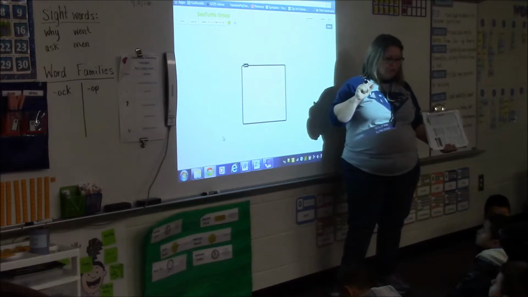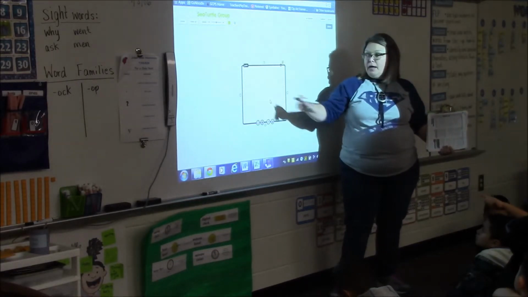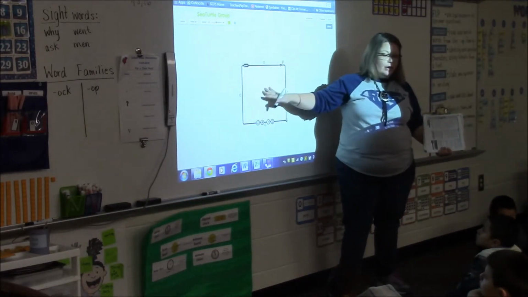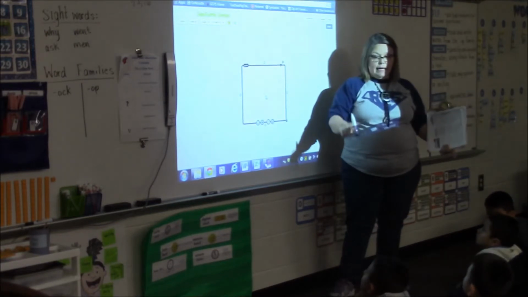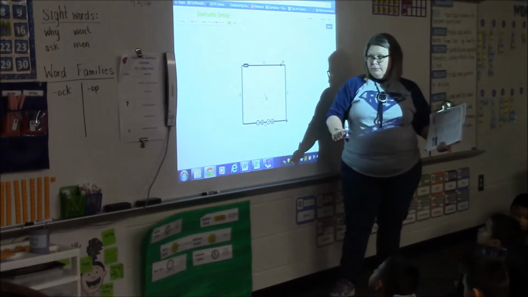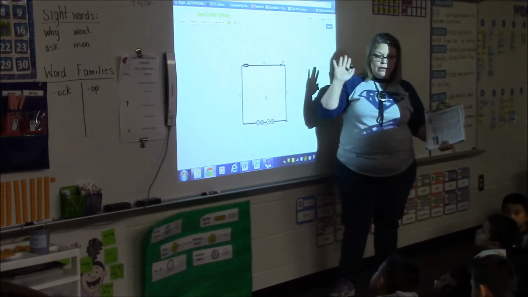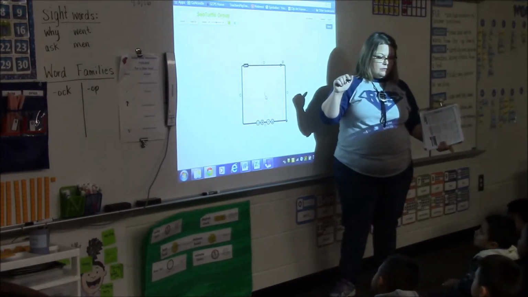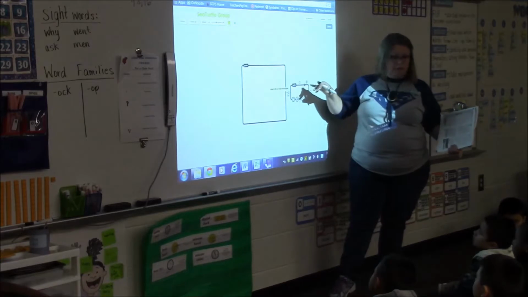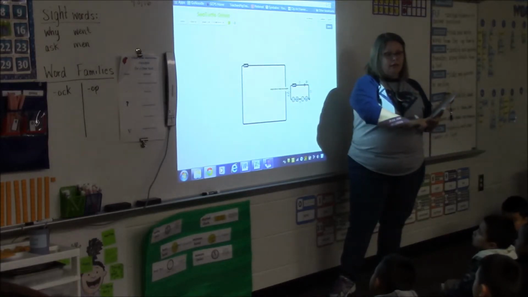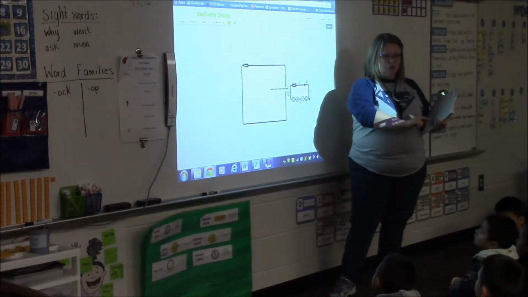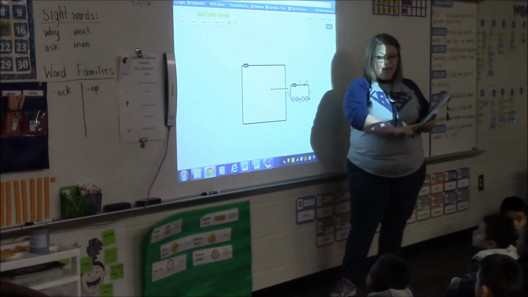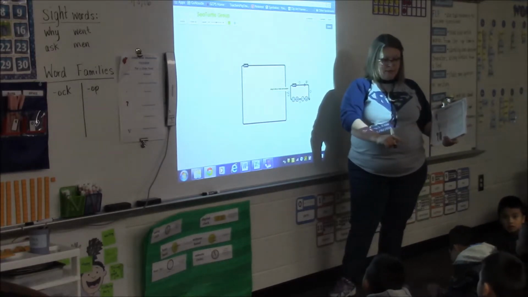Where do we click first? In the box. What goes in the box? The character's name. Then you click on what? The gray dots. Then you write a character trait and the evidence.